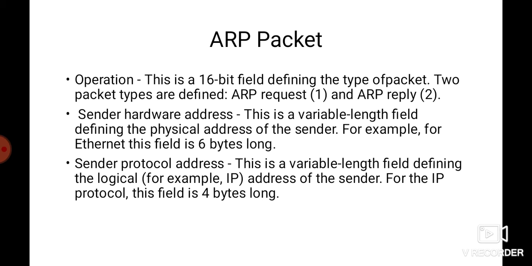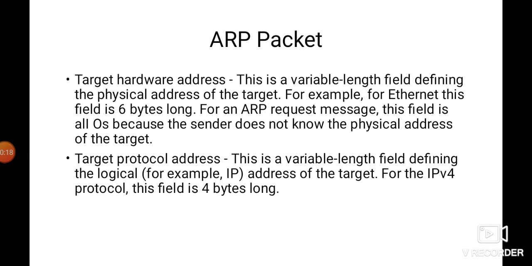Next we have sender hardware address. This is a variable length field defining the physical address of the sender. For example, for Ethernet it is 6 bytes long. Sender protocol address: this is a variable length field defining the logical address of the sender. For the IP protocol, the field is 4 bytes long. Next we have target hardware address.